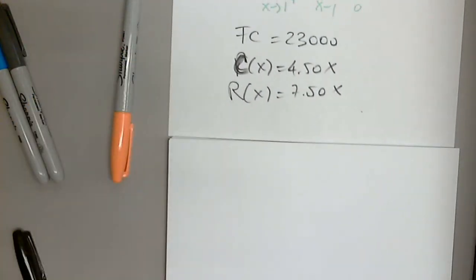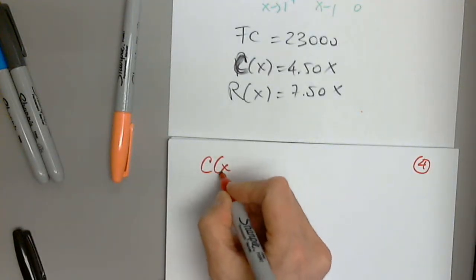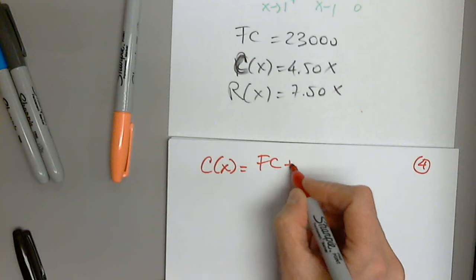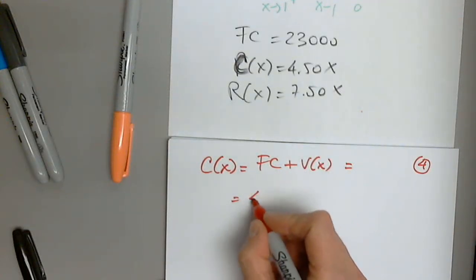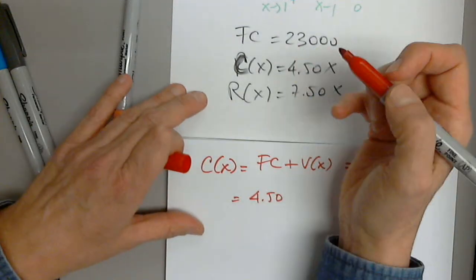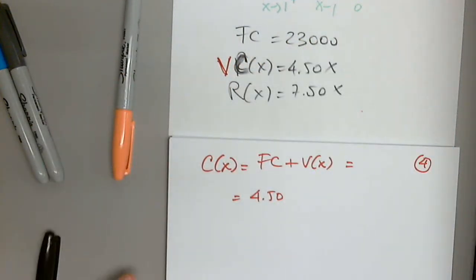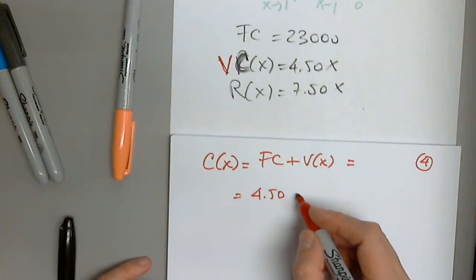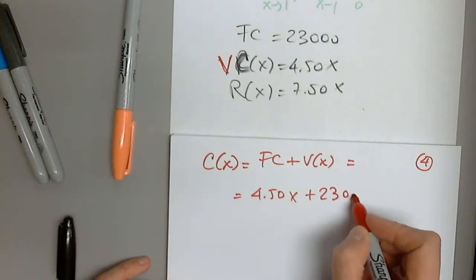Okay, so the cost function is fixed cost plus variable costs. In this case, 4.50. So let me put a v in here, so you know it's not the cost function but the variable cost. Okay, so 4.50x plus 23,000.